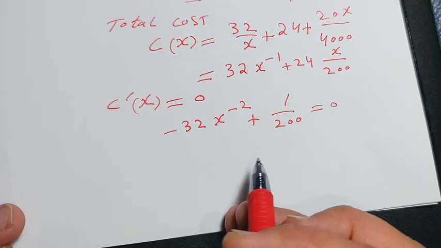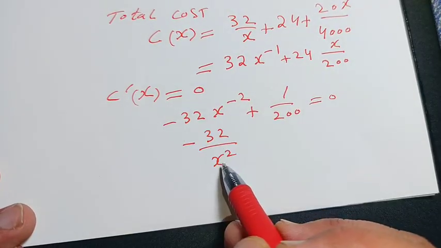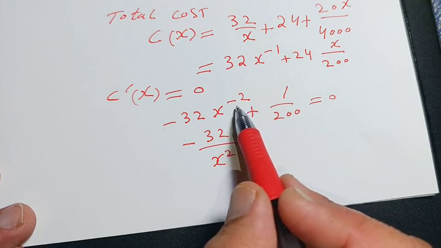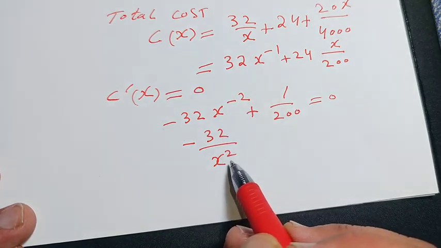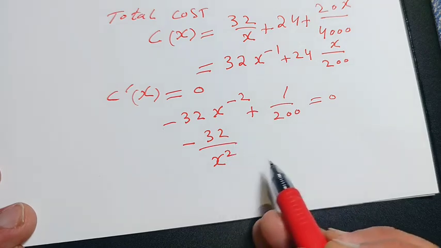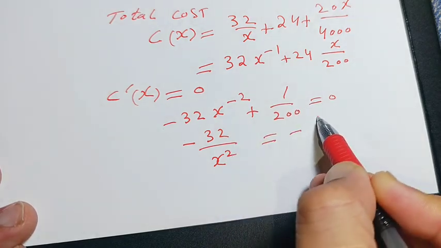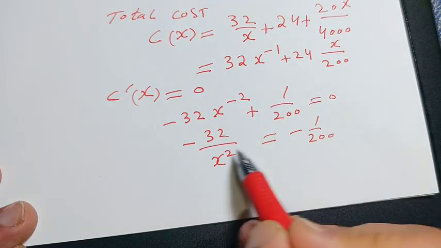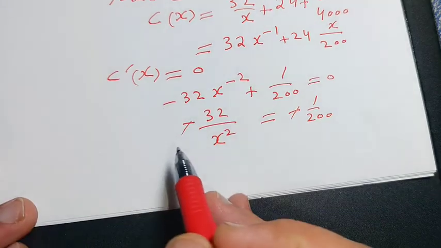Now I'm going to solve for x. Negative 32 over x squared, converting to positive exponents, plus 1 over 200 equals 0.